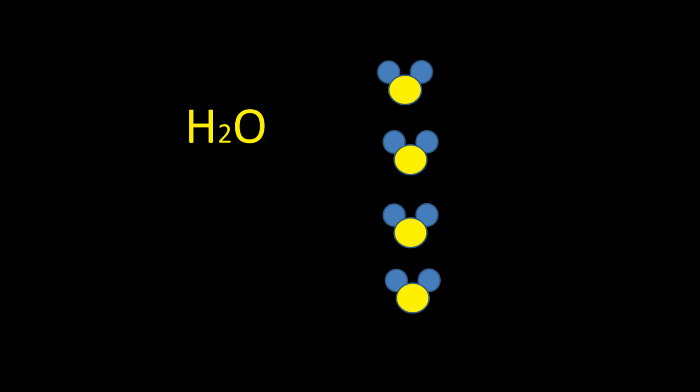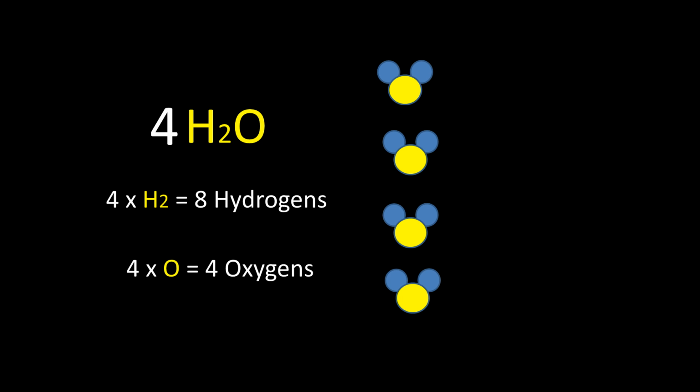Well, just like our ham sandwich, that number goes right out in front. And this is saying we have 4 H2O molecules. And now to total up these atoms, we're going to multiply by 4. So the 2 hydrogens times 4 makes 8 hydrogens in total. The 1 oxygen times 4 makes 4 oxygens in total.